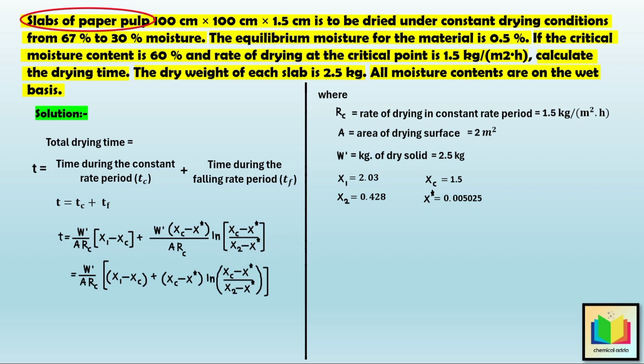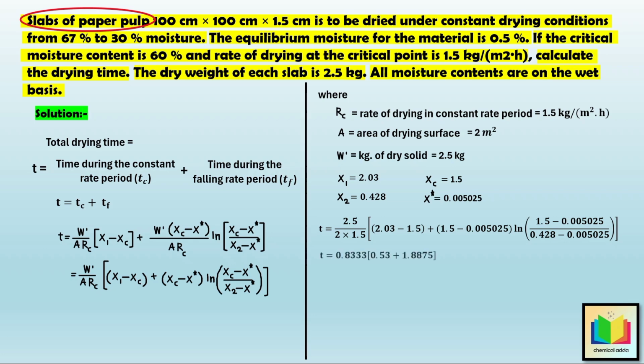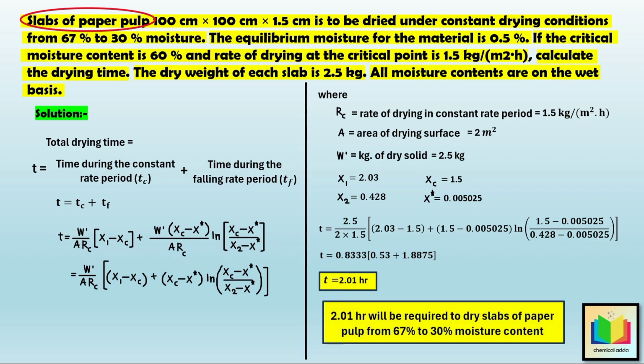Now, let's substitute the values of all the terms in the formula. So, after substituting all values and solving this, we get T is equal to 2.01 hours. Therefore, 2.01 hours will be required to dry the slab of paper pulp from 67% to 30% moisture content. So in this way, using a formula, we can easily determine the drying time.